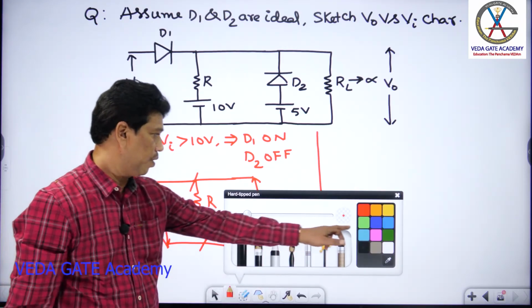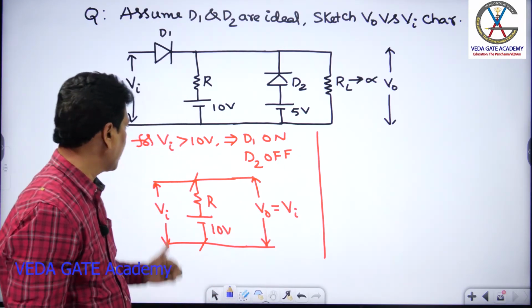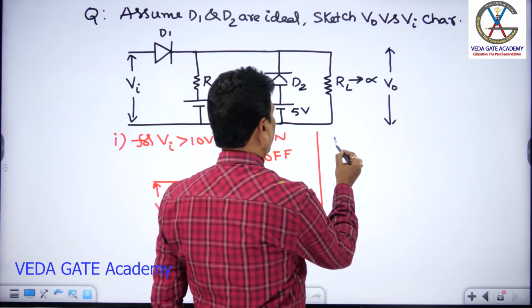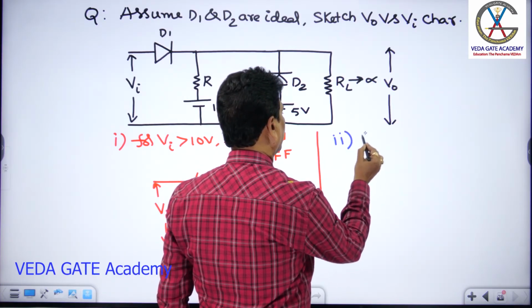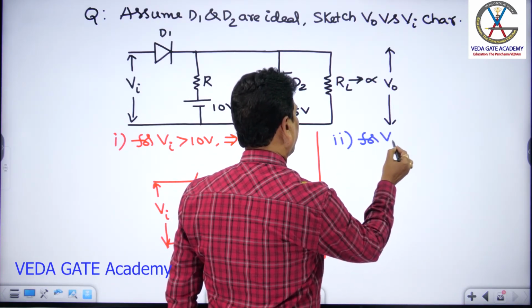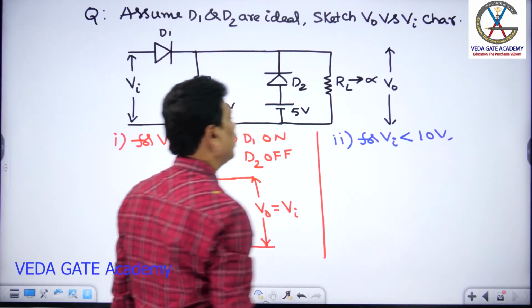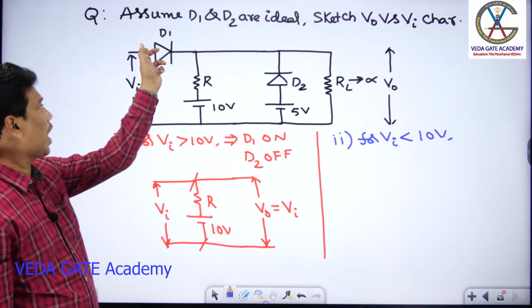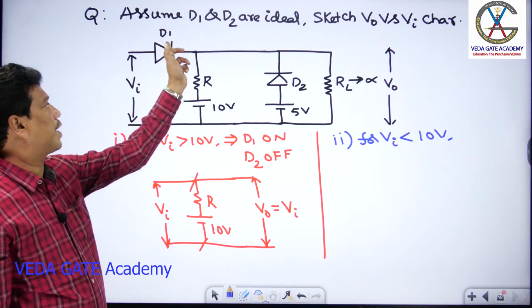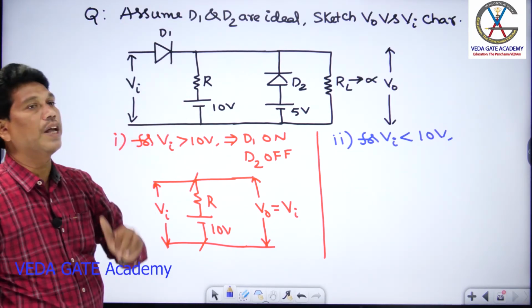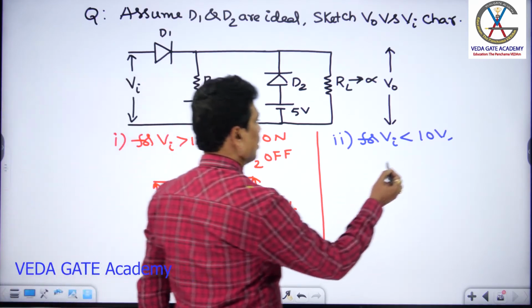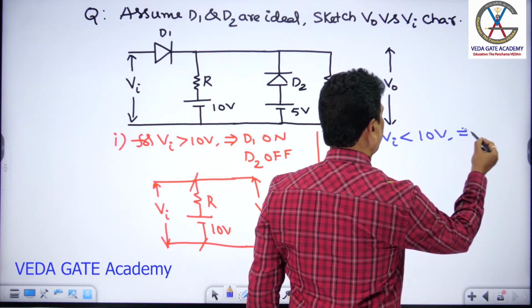Now check out the second case, for Va less than 10 volt. If I apply Va less than 10 volt, the anode potential of D1 is less than its cathode potential, such that D1 should be off.